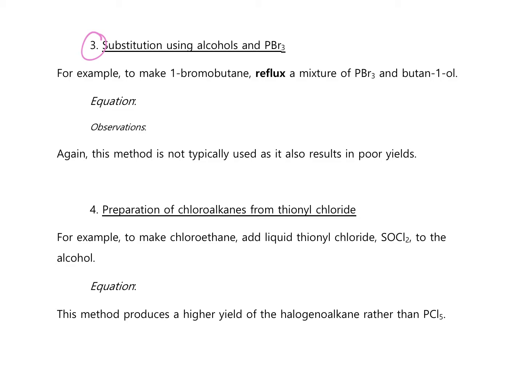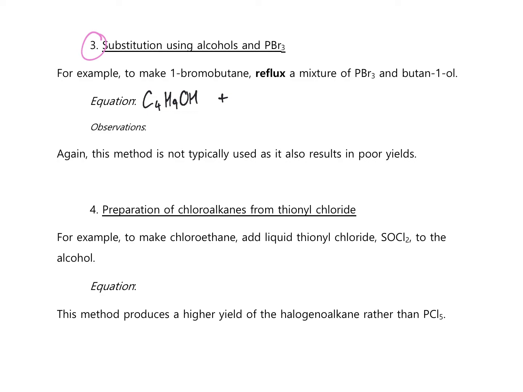So again, we take the corresponding alcohol, reflux it with phosphorus tribromide, and that will produce our corresponding halogenoalkane. But again, this results in poor yield, so it's not generally used, but it is a method that will make the halogenoalkane.